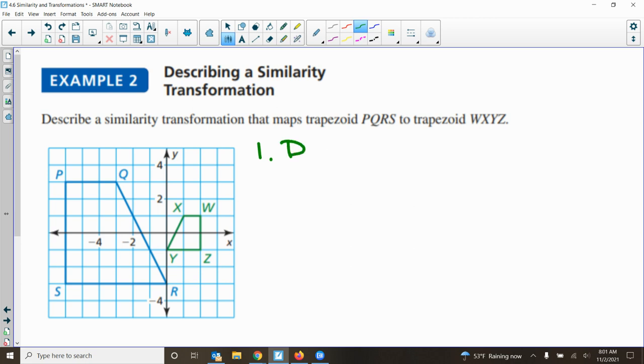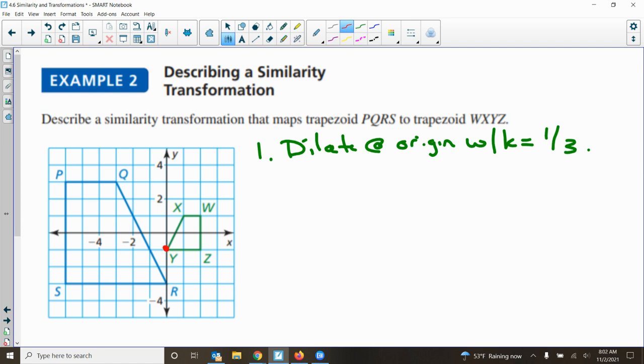So let's dilate centered at origin with K equal to 1/3. Okay. So let's see. 0, -3 will go to 0, -1.